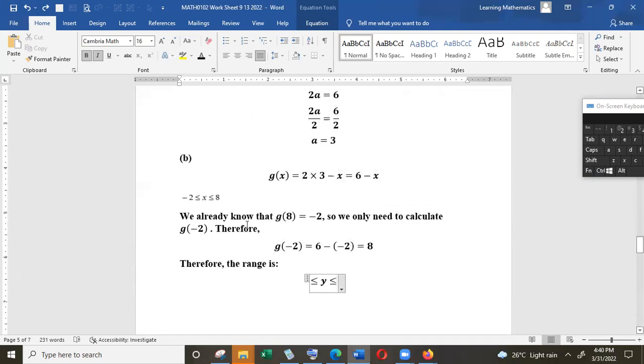One is -2, and the other one is what? The other one is 8, right? So therefore y is between -2 and 8. Right, so that's the range.